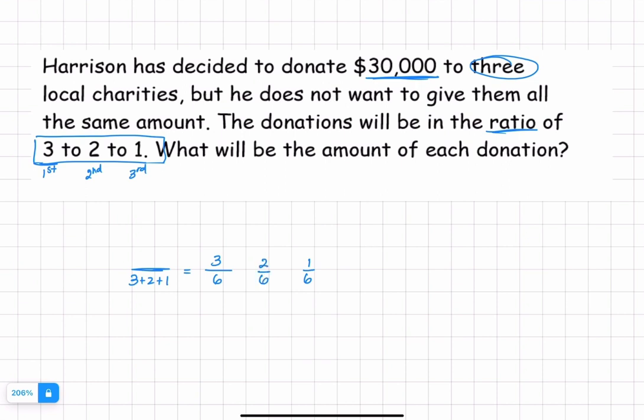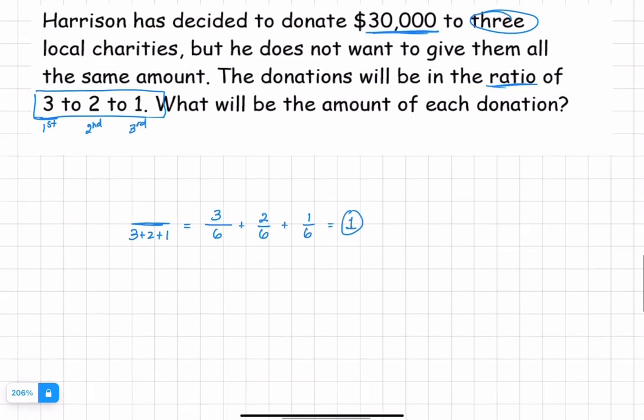Great. So now we know that all these add up to 1, or rather they equal 1. So our 1 value for this ratio question would be 30,000. And we're trying to find out what this value equals, this and this.